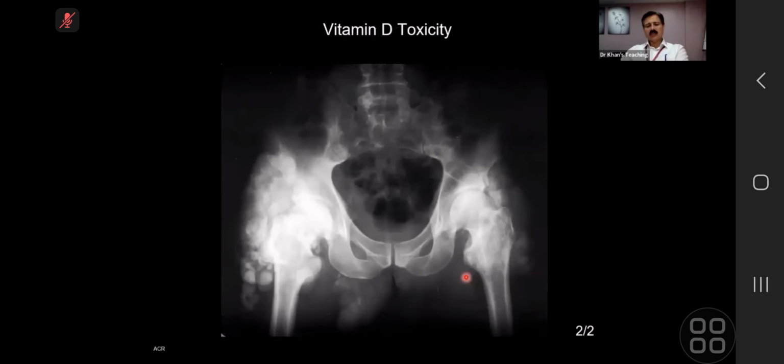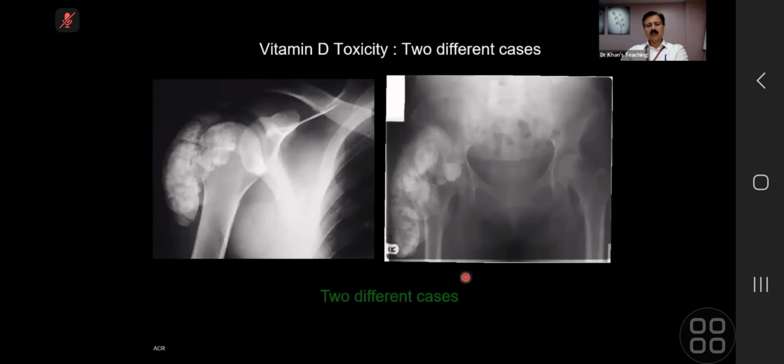Second thing is renal osteodystrophy, which is secondary hyperparathyroidism. And third thing is tumoral calcinosis. And tumoral calcinosis, as you have pointed out, will be unilateral. Otherwise, if you find this kind of exuberant calcification, think in these differentials.